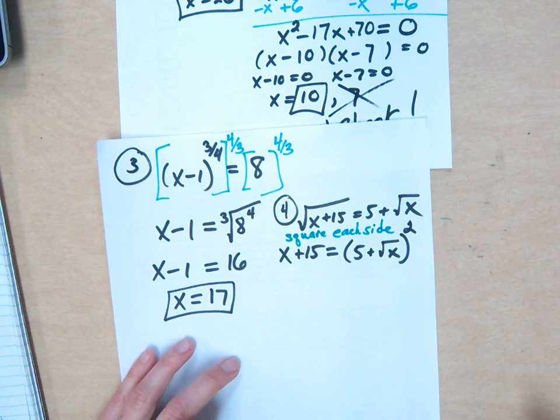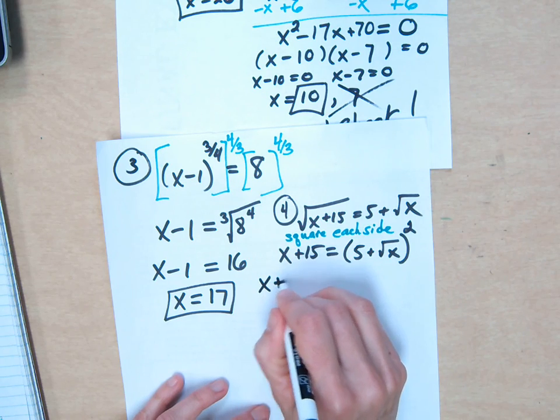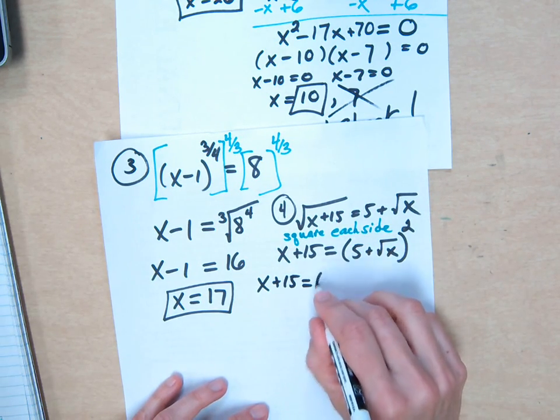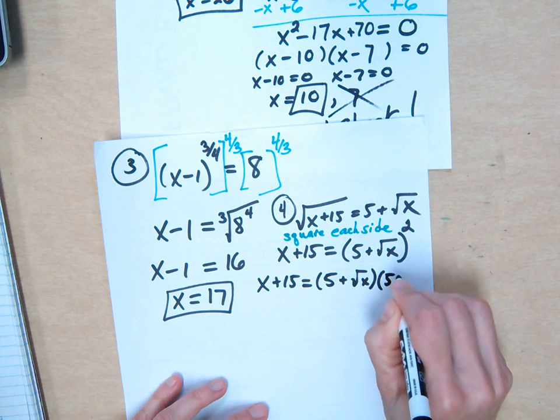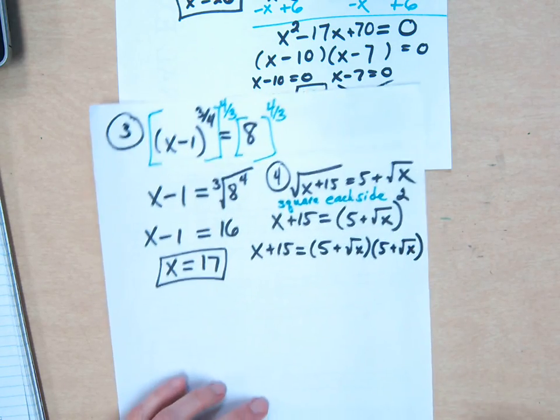Now we have to be careful here to FOIL this out. And that's the interesting part, that we have to FOIL something with a radical in it. But that's okay, we can do that.